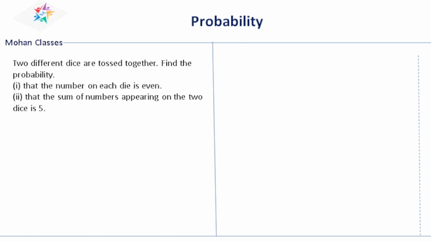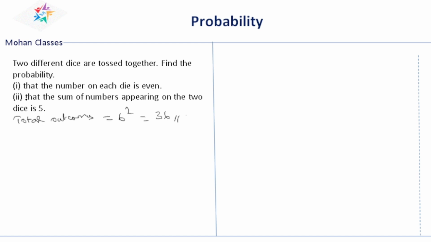First, two different dice. So what is the total number of possible outcomes? 6 square, right? Six square, that is equal to 36, right?